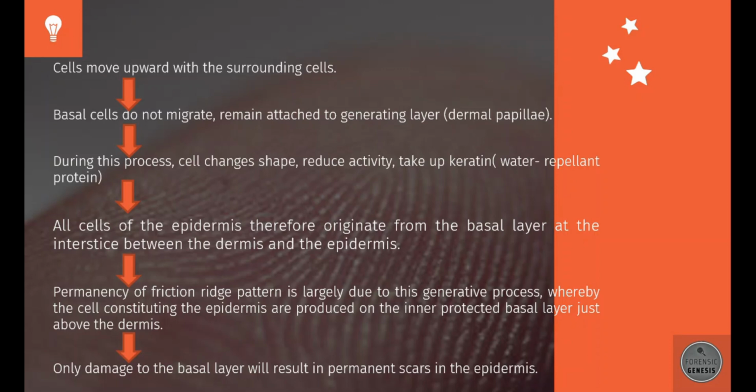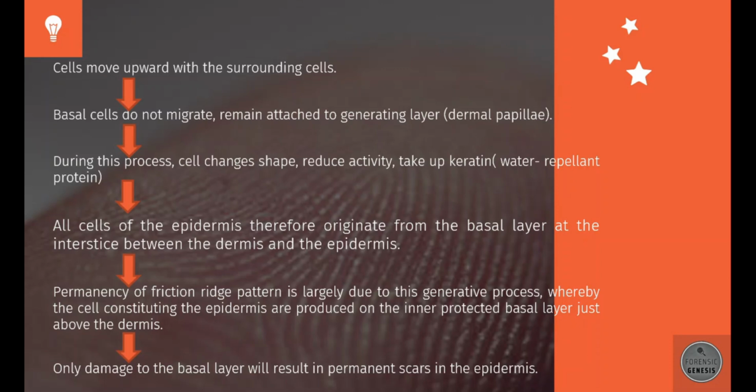All during this process, cells change shape, reduce activity, and take up keratin, that is the water repellent protein. All cells of the epidermis therefore originate from the basal layer and the interstice between the dermis and the epidermis, that is the dermal papilla, where the original formation of these friction ridges is happening and cells are moving upward accordingly.